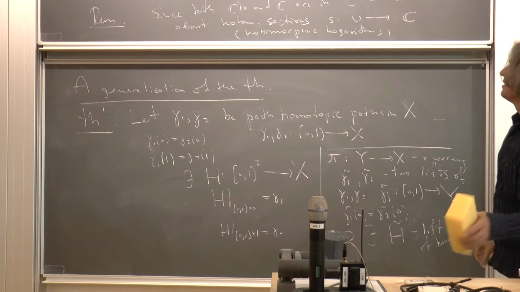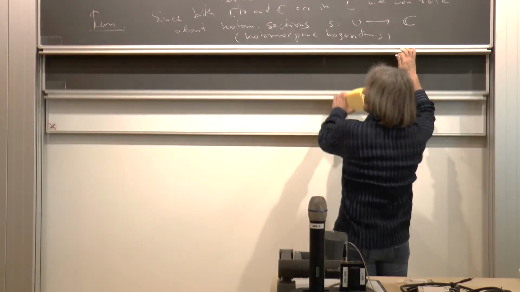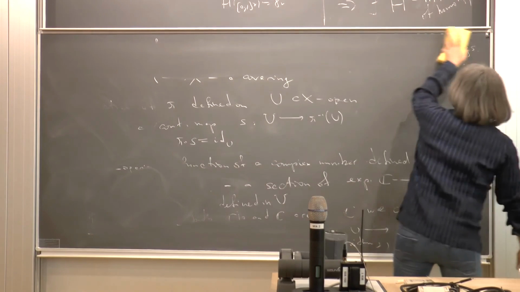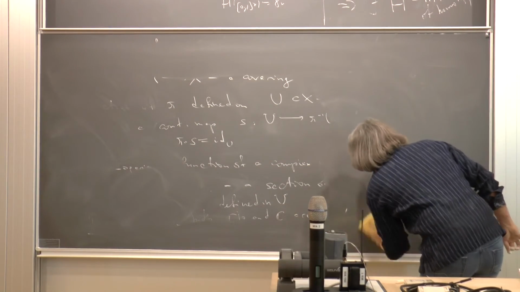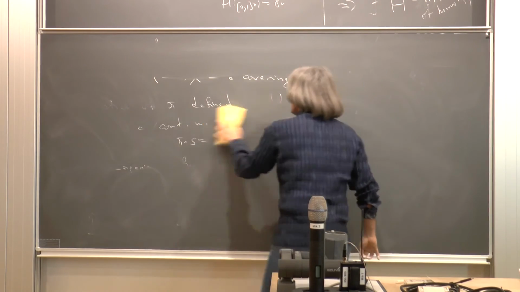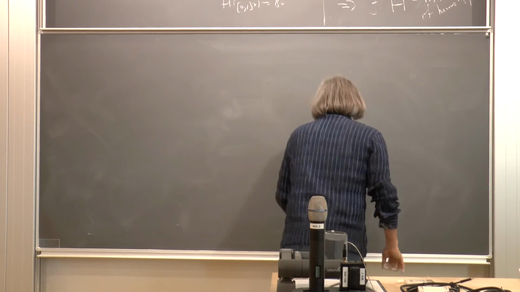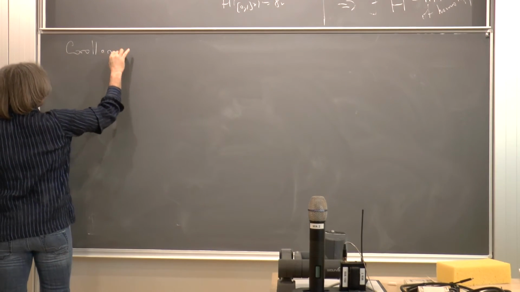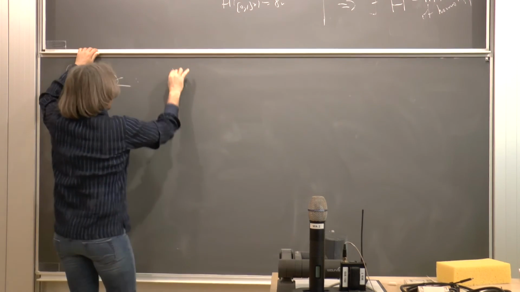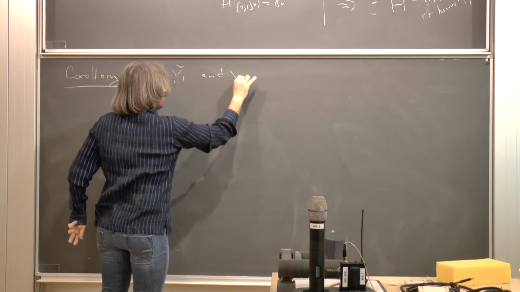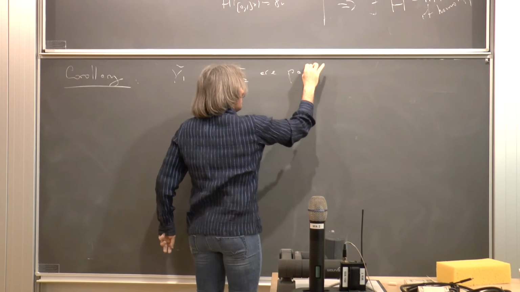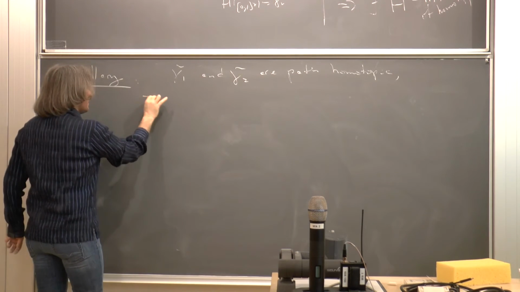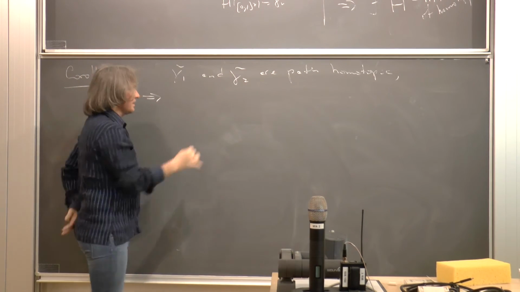So this is a big theorem, but one corollary from this big theorem is: since gamma 1 tilde and gamma 2 tilde are path homotopic, it follows that the value at the end is also the same.